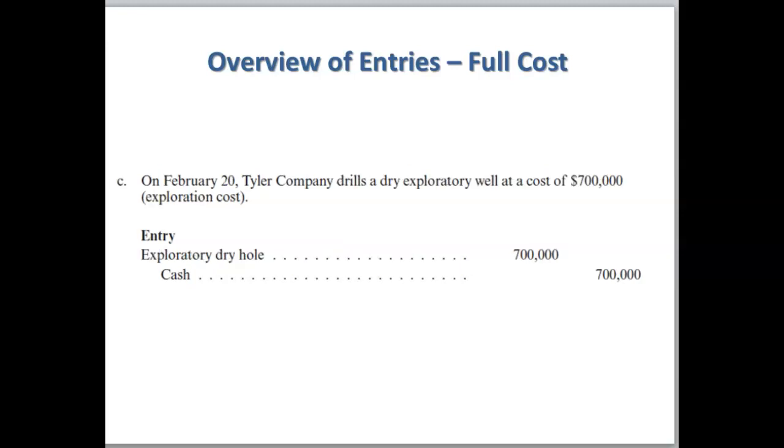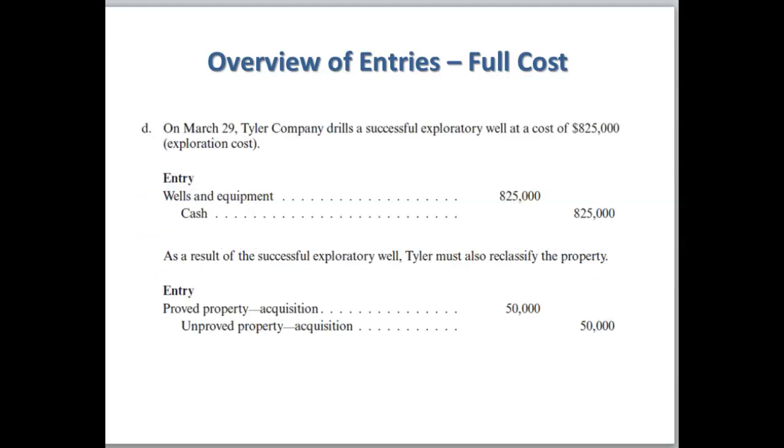On February 20th, Tyler Company drills a dry exploratory well at a cost of $700,000. Under full cost, it's still going to be capitalized. So we would debit exploratory dry hole and credit cash. On March 29th, Tyler Company drills a successful exploratory well at a cost of $825,000.